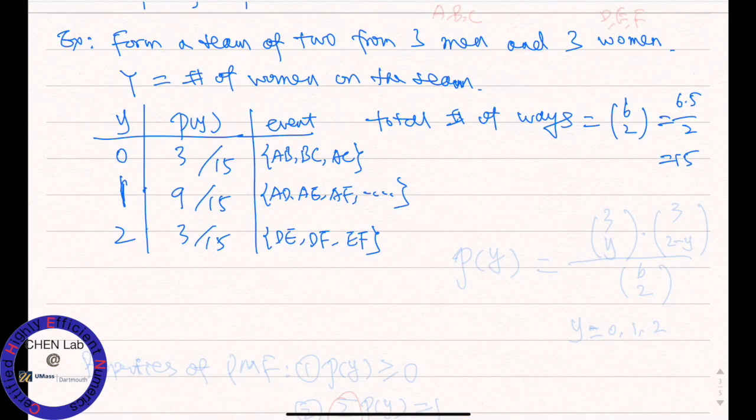I'm not going to write down all 9 of them. A, D, A, E, A, F, B, D, B, E, B, F, C, D, C, E, C, F, right? So I'm going to use A, B, C for boys here, and D, E, F for girls.